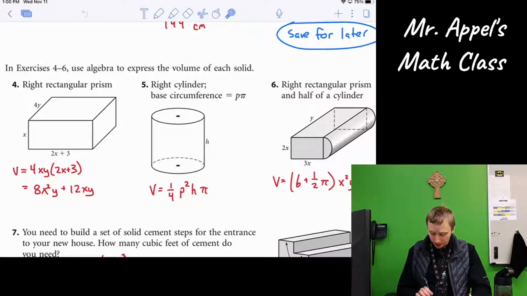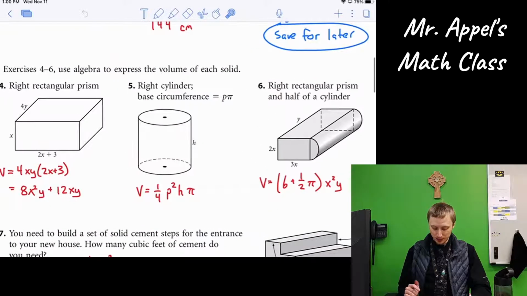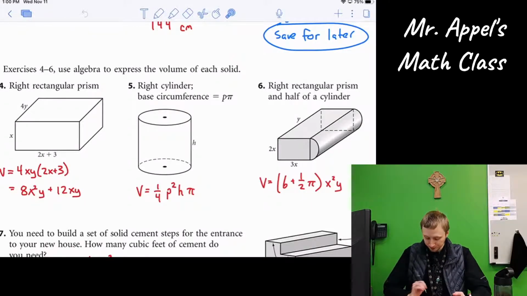On the cylinder, right, this is the circumference, so you want to work backwards to find the radius. And this one has the rectangle plus this half a cylinder, and then you can factor out that x squared y. So this is similar to this guy. You could have had this written out as 6x squared y plus 3x squared y pi, or 3 pi x squared y. Those would still be acceptable.